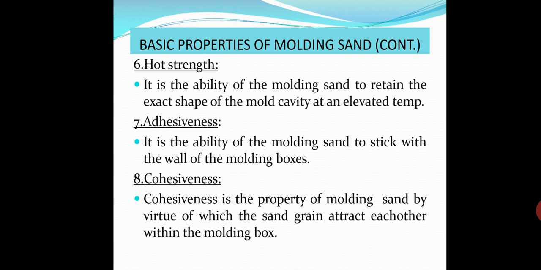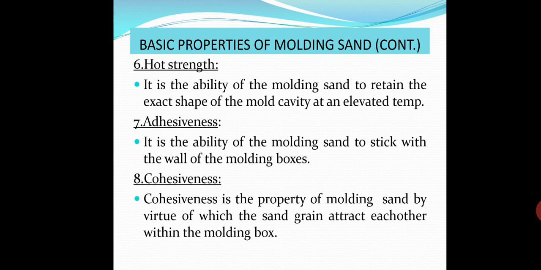Due to elevated or high temperature, it should not change. The dimension of the cavity must not change. So this strength to retain its exact shape at elevated temperature is known as hot strength.